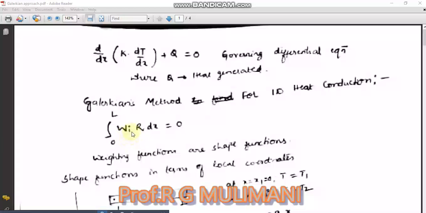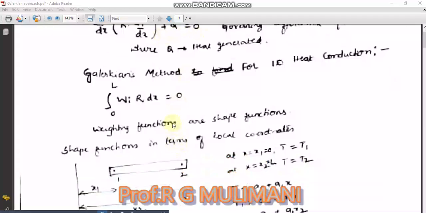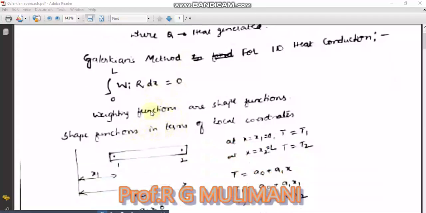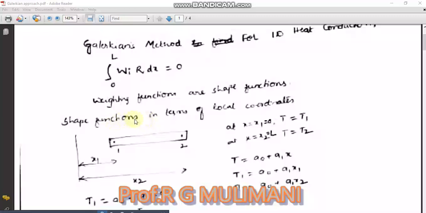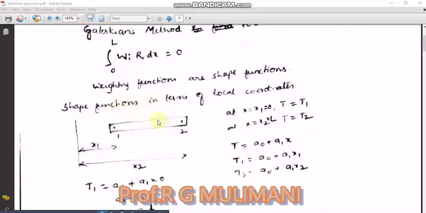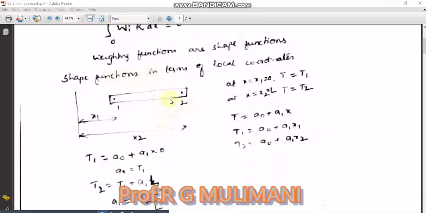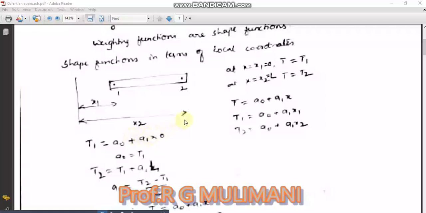We have assumed the shape function as the weighting function, and the residual function or the differential equation is d by dx of k dT by dx plus q equals 0. You already know how to figure out the shape functions. Let us assume T equals a0 plus a1x.